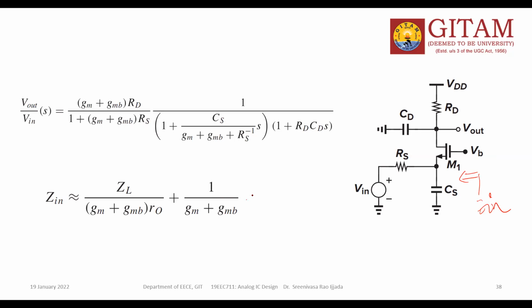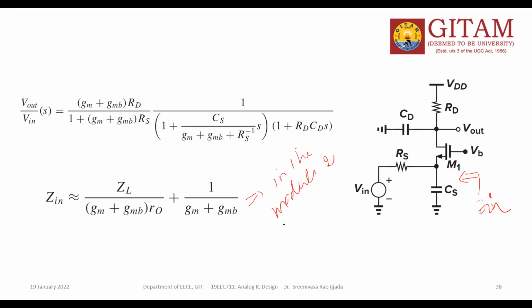This we already know from module 2, common gate stages. You can go and verify this. So the input impedance is approximately equal to ZL by gm plus gmb into R0 plus 1 by gm plus gmb.